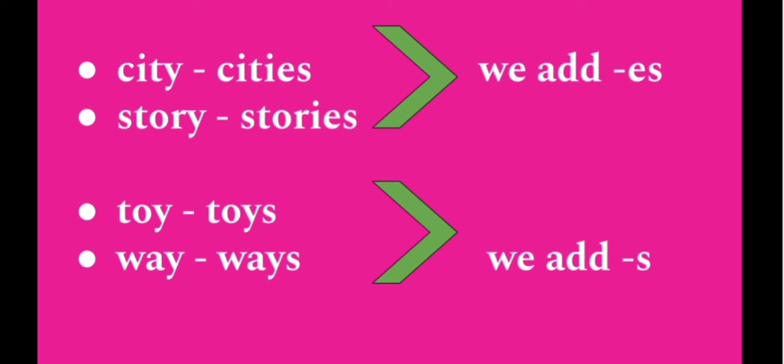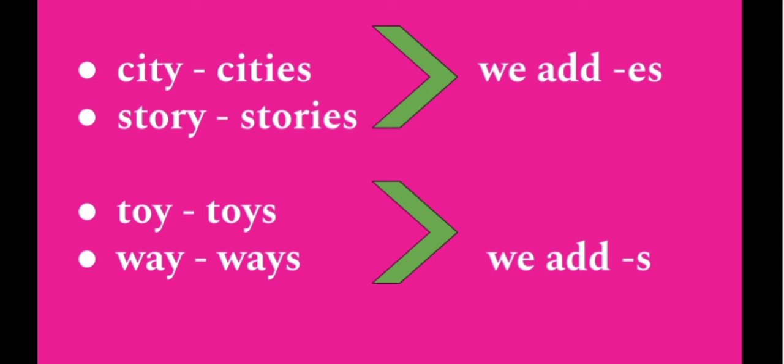Now let's look at the next two examples. Toy, T-O-Y. In this word also the word is ending with the letter y, but we add s to make it plural, toys. Not es but s. Look at the next one, way.